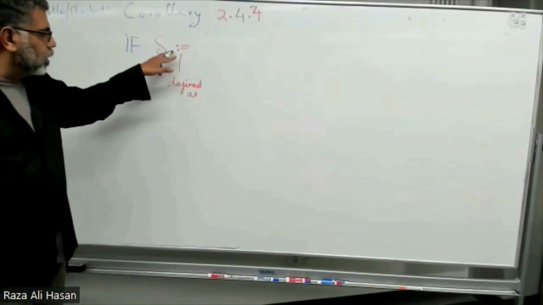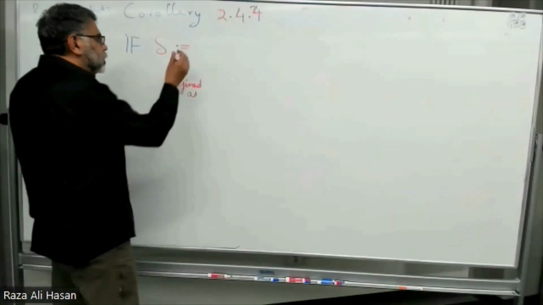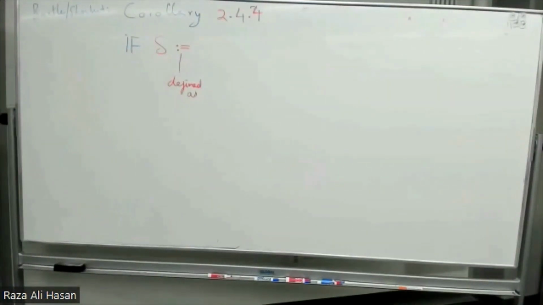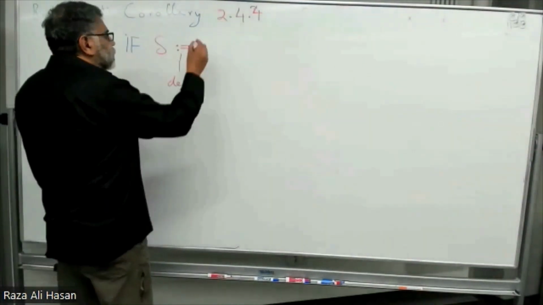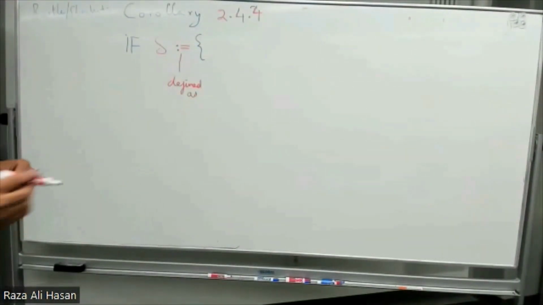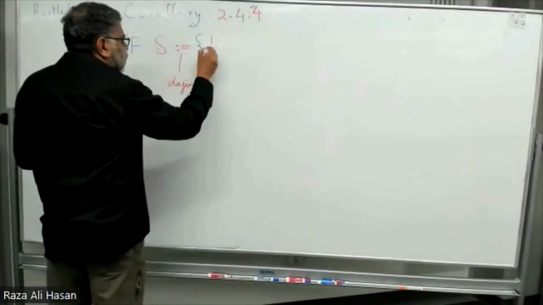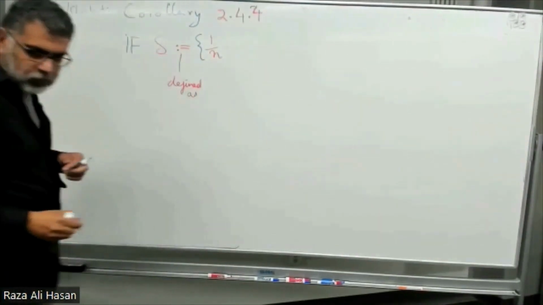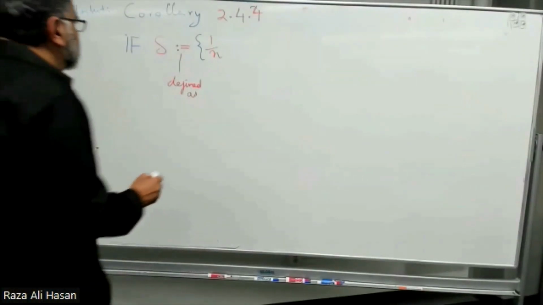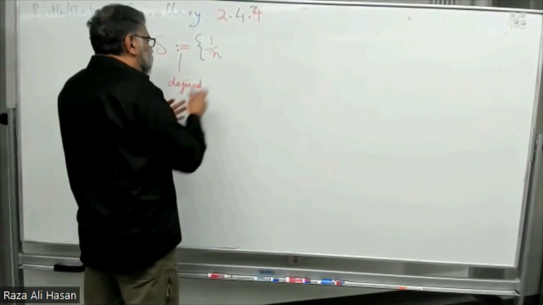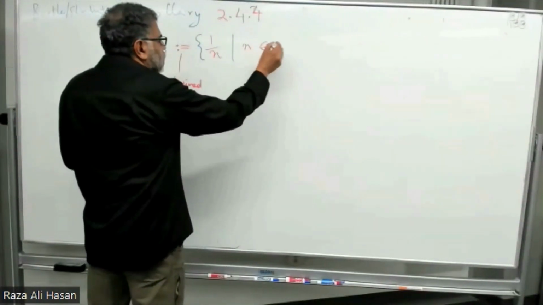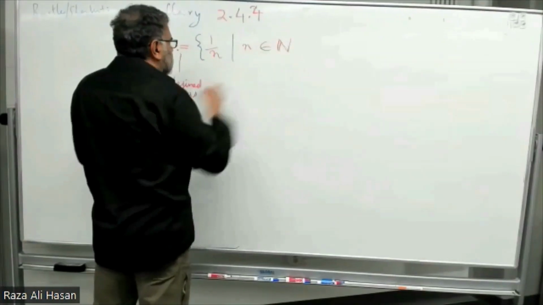So this symbol, colon with equal to sign afterwards, means defined as, and the set is 1 over n such that, and they use dashes, but we don't like dashes, so we're going to use this, such that n belongs to the set of natural numbers.